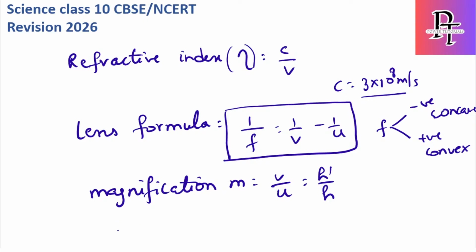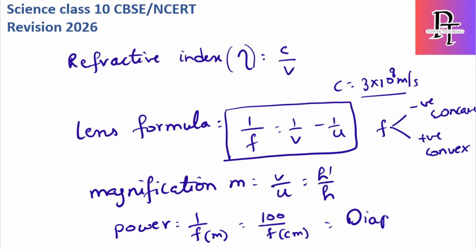And we have one last formula from the last chapter, which is power of a lens. The power formula is very easy, just 1 by f if f is in meters, or 100 by f if f is in centimeters, because 1 centimeter is 1 by 100 meter. The unit of this power is diopter, and we represent it as D.